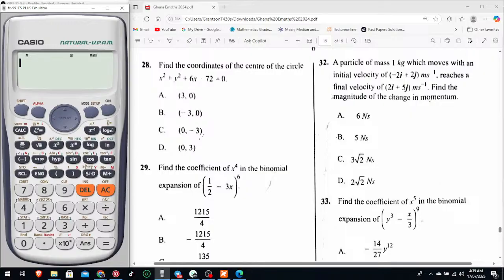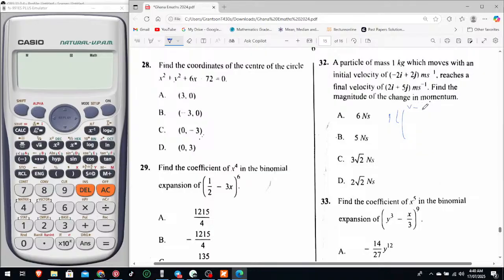What is momentum from integrated science? Momentum is mass times velocity. So when they say find the change in momentum, it means mass times the change in velocity. Your mass is 1 kilogram. The change in velocity is a vector quantity, so it is the new minus the old, v minus u.